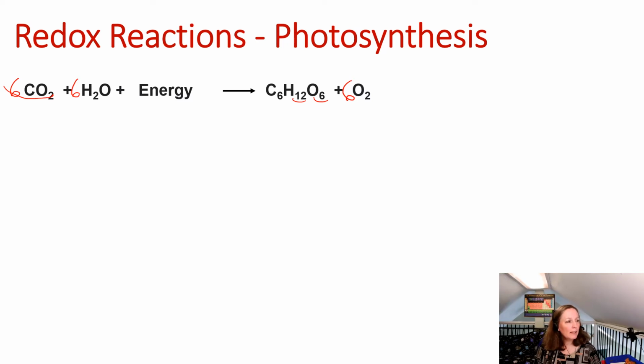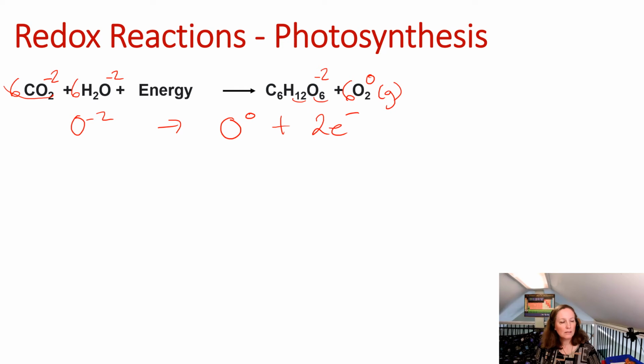Generally, in a compound, oxygen is a -2 charge. That's usually the case. When it's a gas and it's bonded to itself, there's equal pulling of electrons, so it's a 0 charge. So we already know we're going to have an oxygen -2 state go to an oxygen 0 state, and we know we're going to have to add electrons.